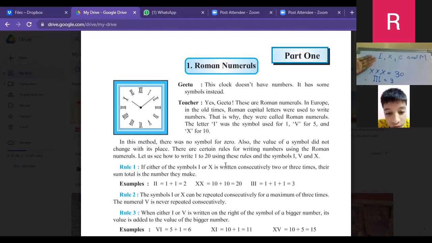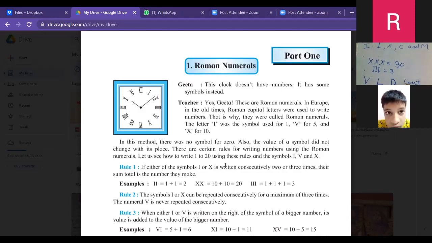We can only repeat I, X, C and M. How many times can we repeat? 3 times. Maximum we can use their repetition 3 times to make a number, right? But V, L, D we can't repeat.